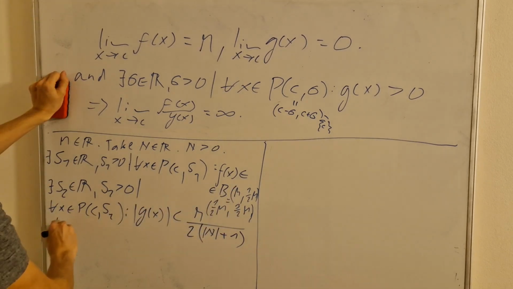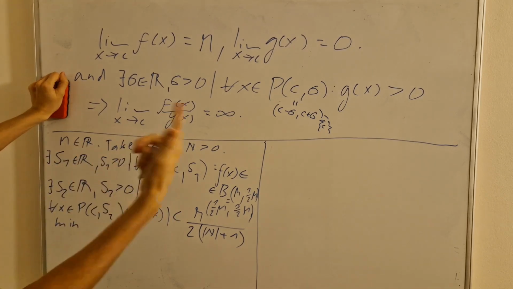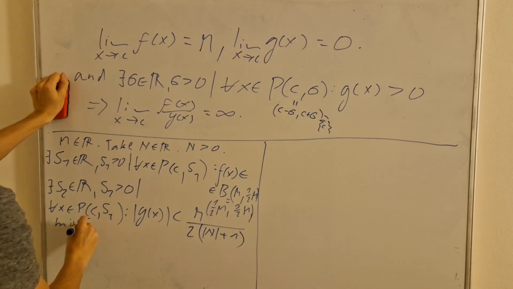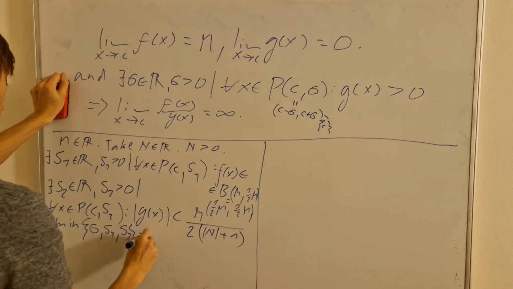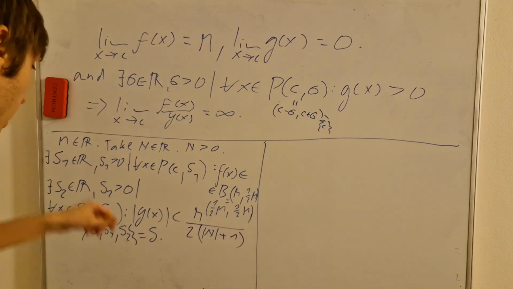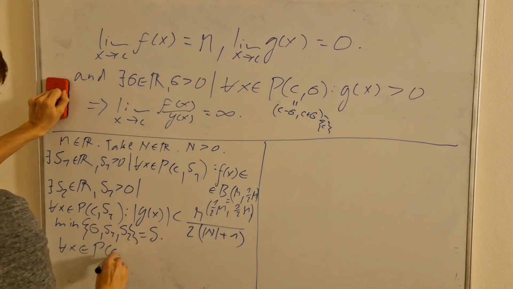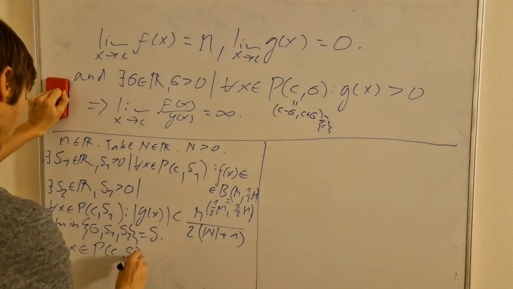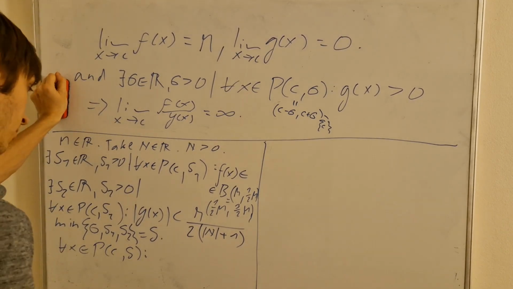And now to generalize, to make it universally applied with one symbol instead of delta 1, delta 2, and sigma, I can take the minimum of sigma, delta 1, and delta 2 and set it equal to delta. So the minimum of the 3 will be delta. And then, for every x in the neighborhood of c bounded by this delta, we can have something that works for all.